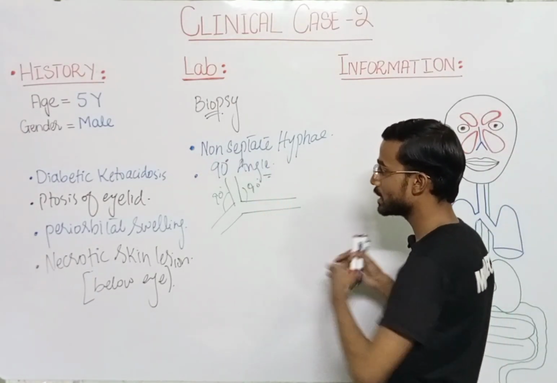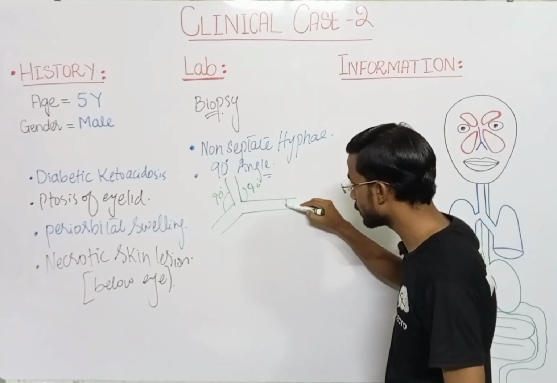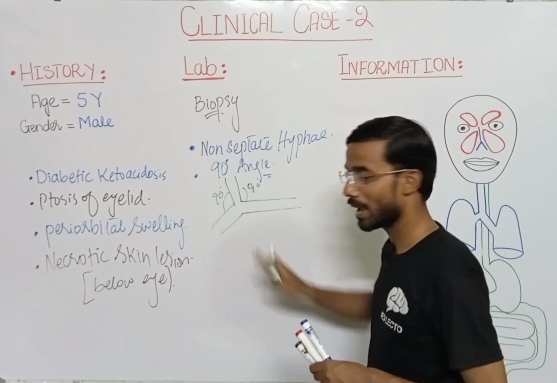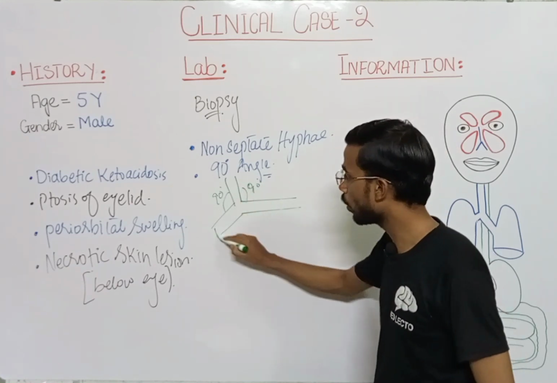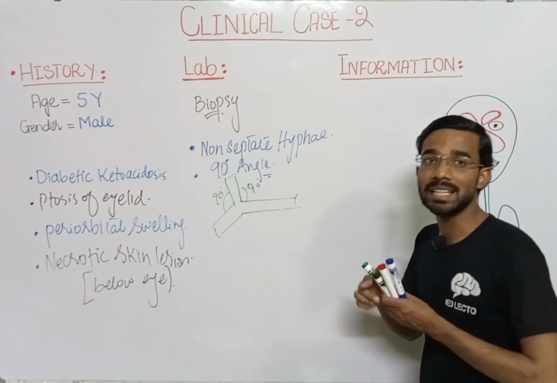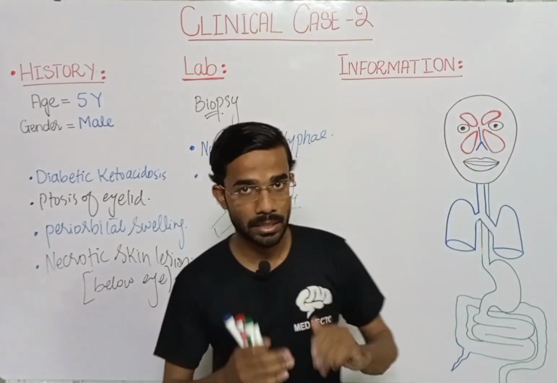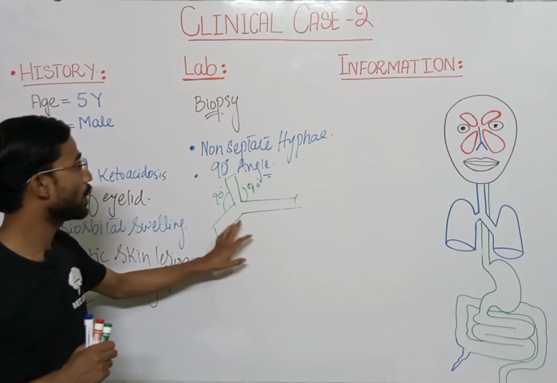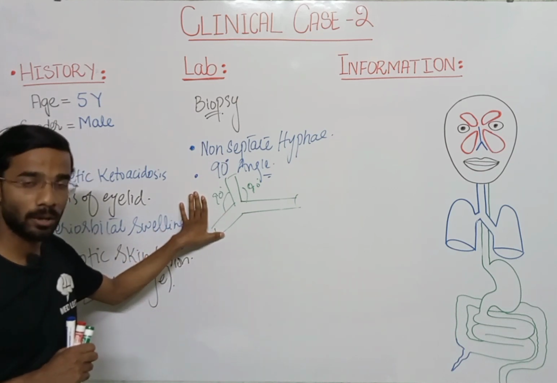Non-septate hyphae means there is no septum, no separation between the hyphae. It is a single cell, and you can consider it as a whole cell. The second thing is the angle is 90 degrees, more or less. So this is the biopsy test.